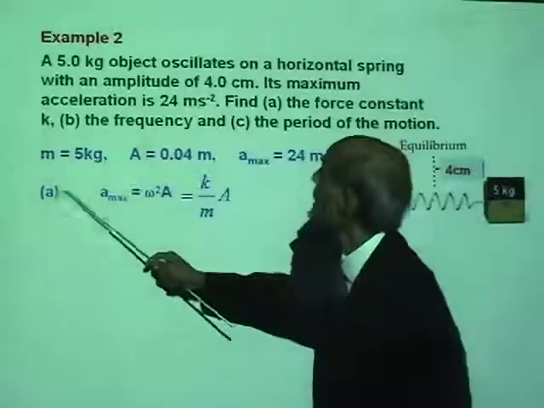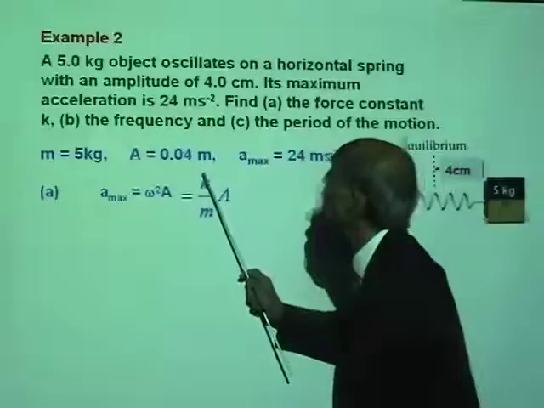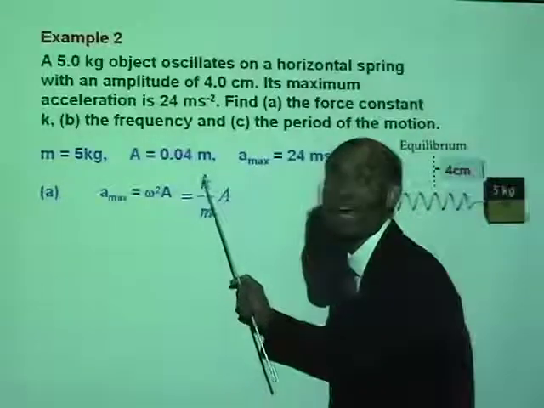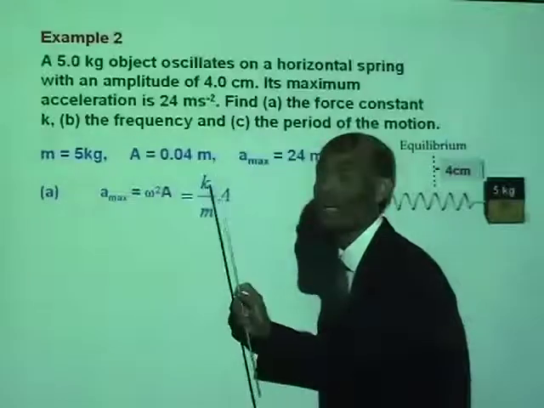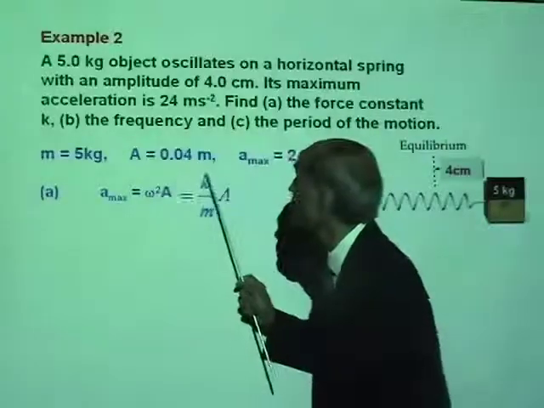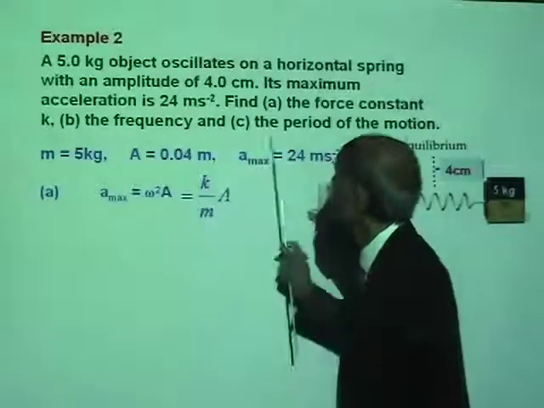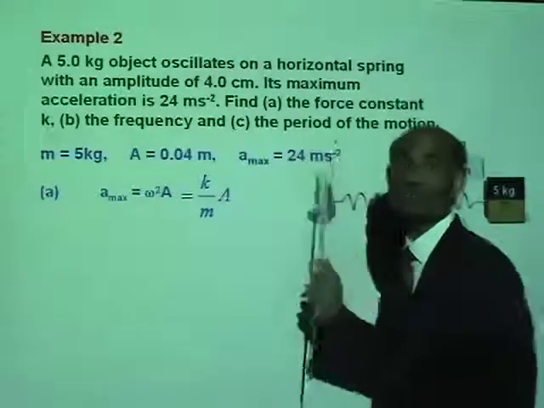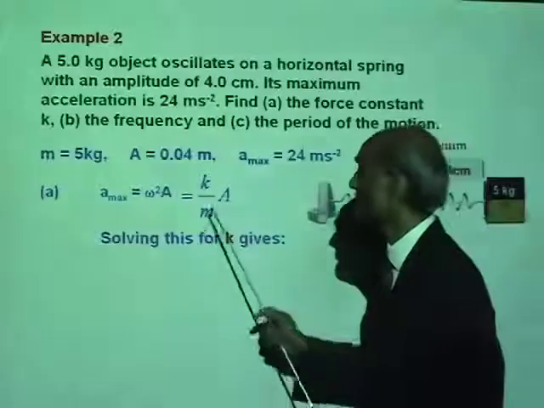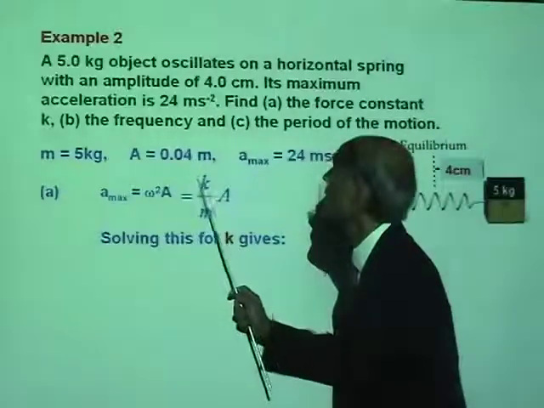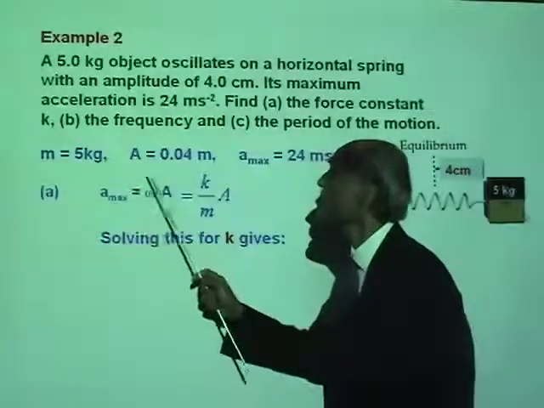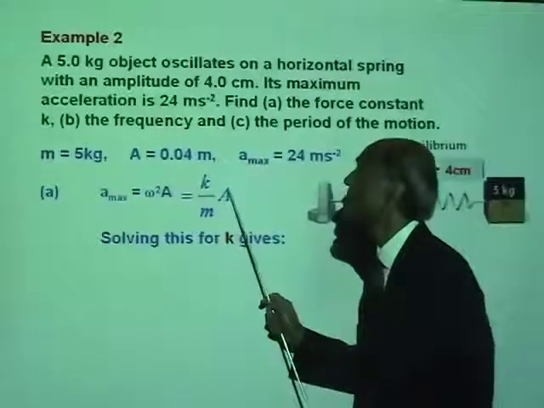Because in part A, we are looking for the value of K. That's why I use that. So A max equal to K over M times A, and this quantity must be equal to 24 meters per second squared. Let's solve for K.